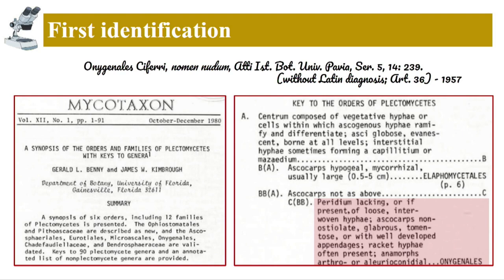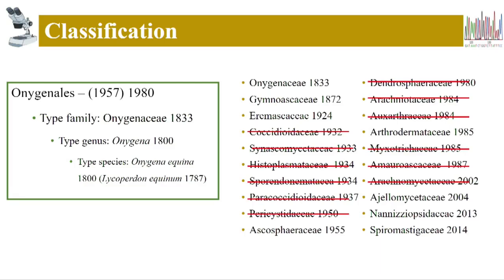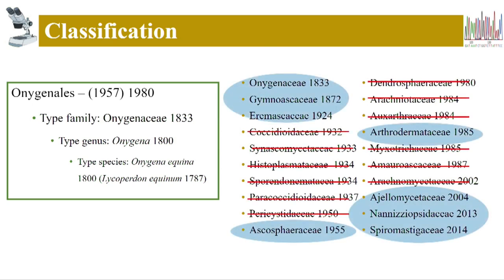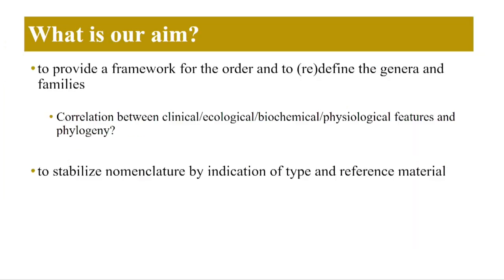Since then, many different families were described in the order, and most of them were abandoned. Now we are talking about only 8 different families in the order.